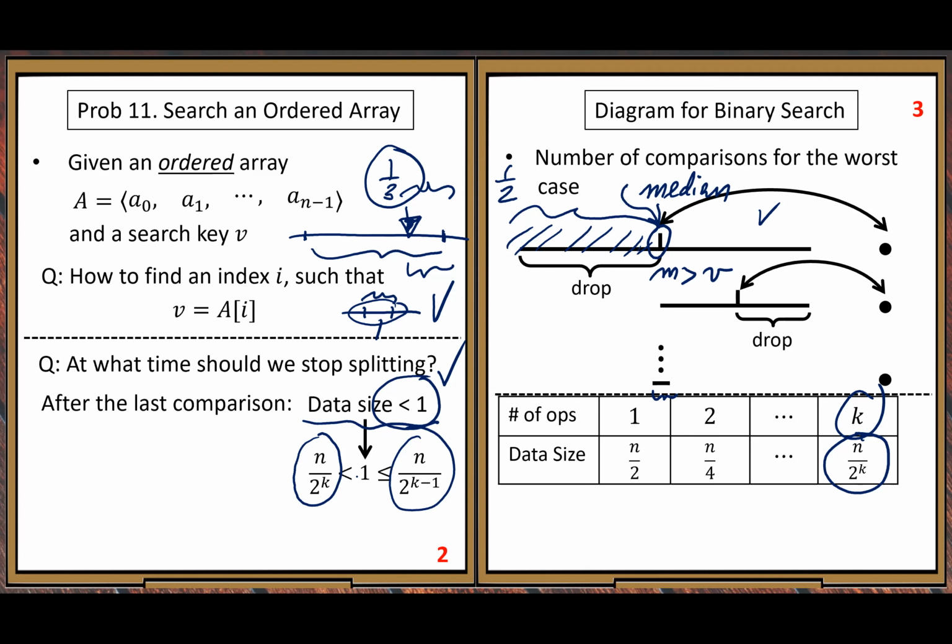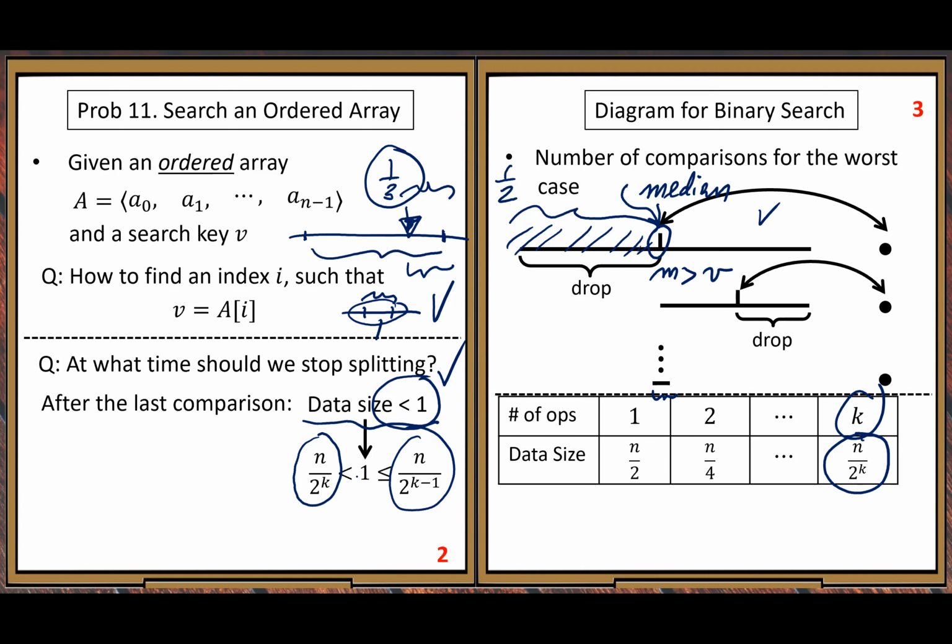That means you need to do one more splitting. Why? Because the number of data items in your current subarray is greater or equal to 2. You have at least 2 elements. You can still do one more splitting.